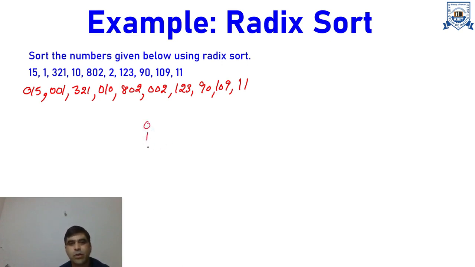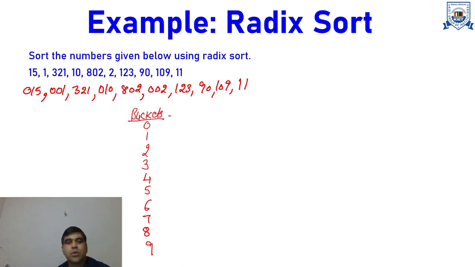So 0, 1, 2, 3, 4, 5, 6, 7, 8, 9. These are your buckets.